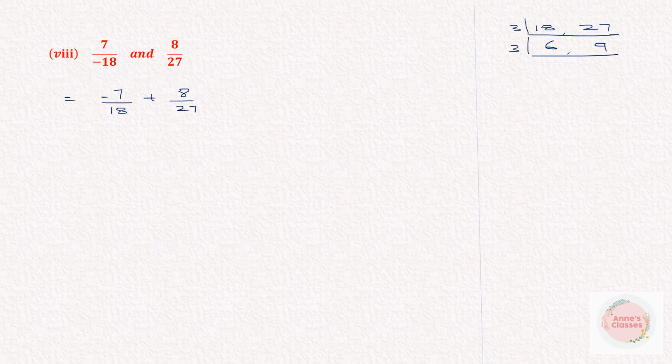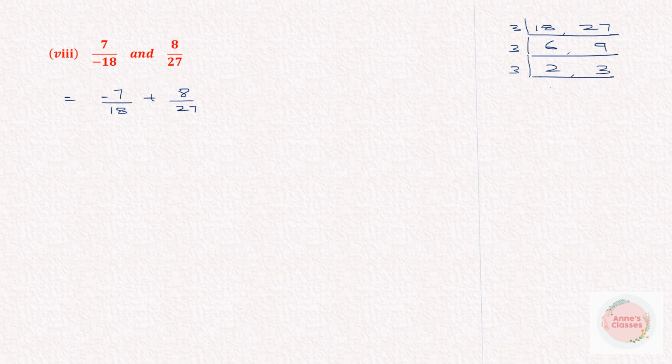Question 8. 7 by minus 18. Let's transfer this minus sign to the numerator. So this becomes minus 7 by 18 plus 8 by 27. So let's find the LCM of 18 and 27. Divide this by 3. 3 6s are 18, 3 9s are 27. Again by 3, 3 2s are 6, 3 3s are 9.